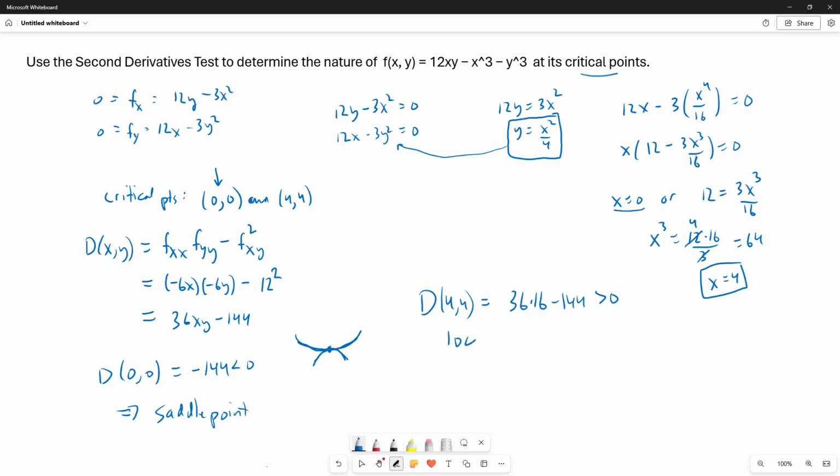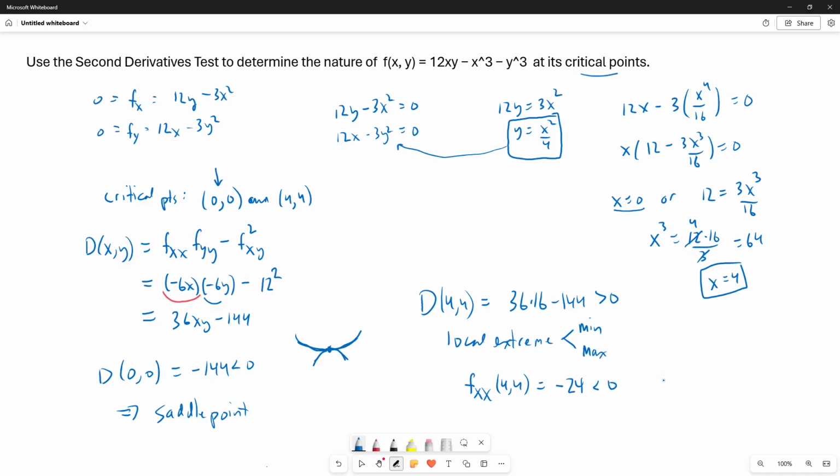So we have a local extreme, and then to determine whether it is a min or a max, we look at f sub xx or f sub yy at the point (4, 4). f sub xx was negative 6x, so this number is negative 24. f sub yy was negative 6y. That would give us the same exact number, and that's negative.